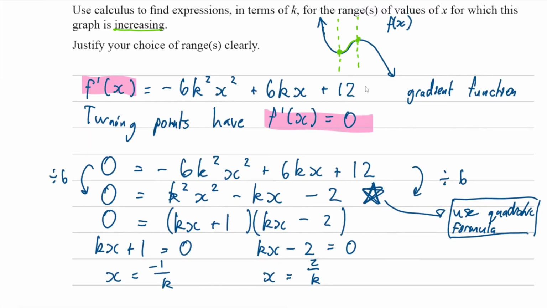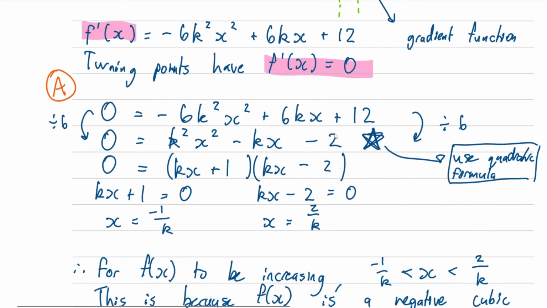So in summary, we found the gradient function and we set it equal to 0 in order to find the turning points. So that is our achieved step. We then found the x values of the turning points by either using the quadratic formula, or if you're comfortable with factorizing, a bit of guess and checking and solving that way.